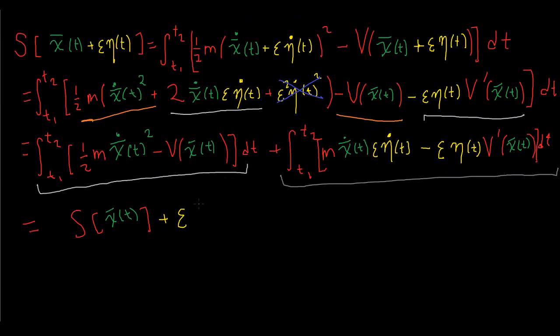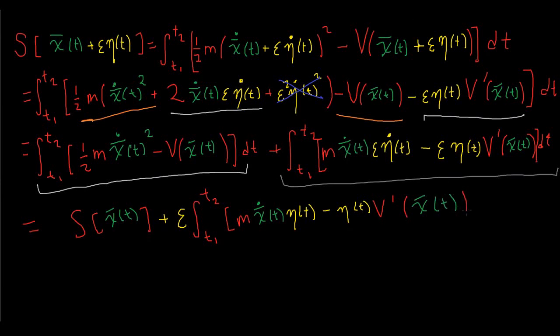Plus epsilon times the integral from t1 to t2 of m x bar of t dot times eta of t dot minus eta of t v prime of x bar of t, and then never forget dt.